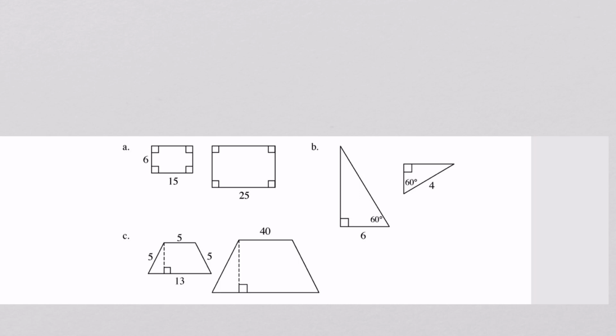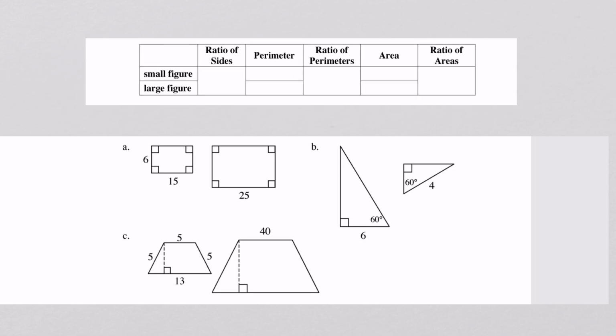What you're going to try and do is complete a table similar to this one for each set. So you're going to have an A, a B, and a C. Try your best, pause the video now, work through these, and then if you need to check your answers, move on. So pause the video now.